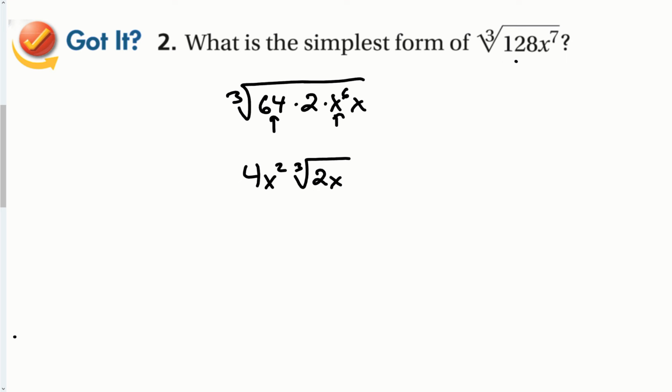And anything that comes out of a radical, I always write it first. If I had the third root of 2x and I put the 4x squared there, it can be tough to tell whether the 4 is outside or inside. If you want to be sure it's outside, you have to put weird parentheses like that. Don't do that. We're just going to put it right out in front, so that it's understood that it has come outside of the radical.